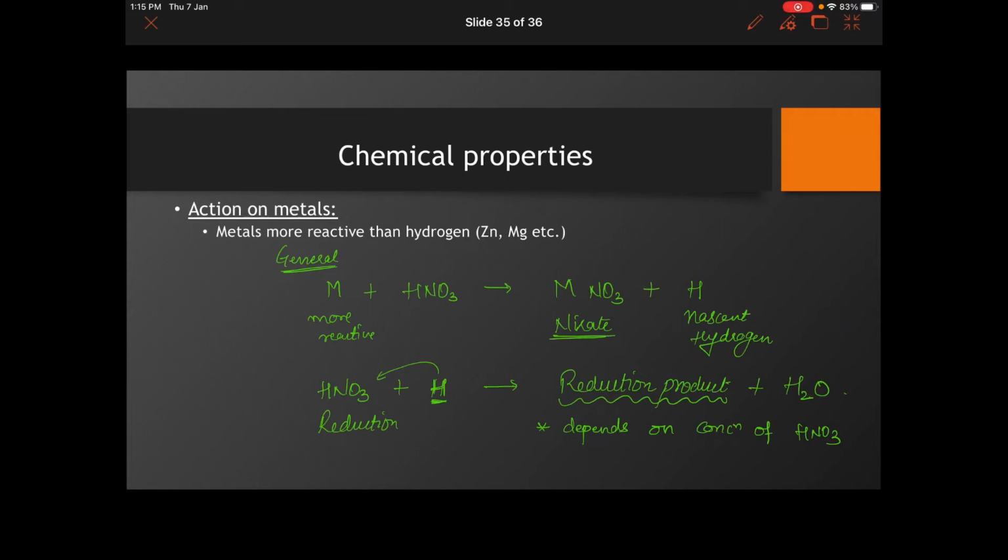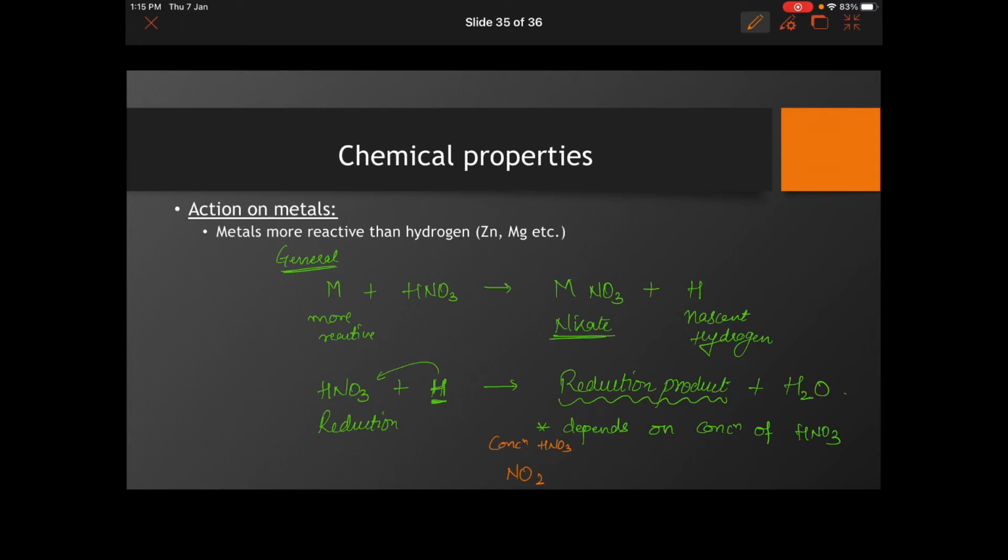If the nitric acid is highly concentrated, what you are going to see is that the reduction product, again I will write down over here, let's change the color. So concentrated HNO3 is going to give this reduction product as nitrogen dioxide, NO2, right?